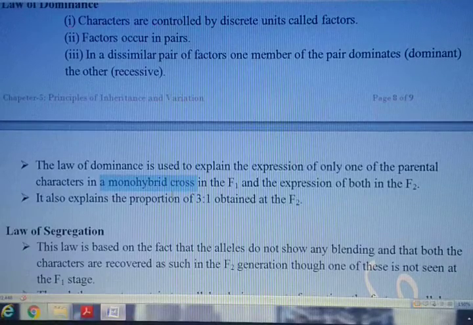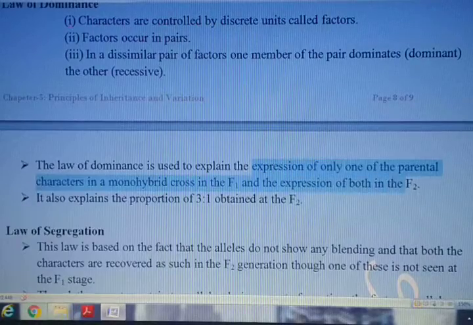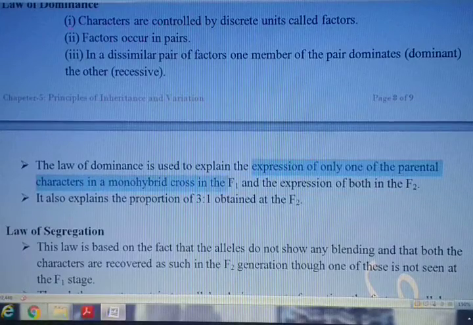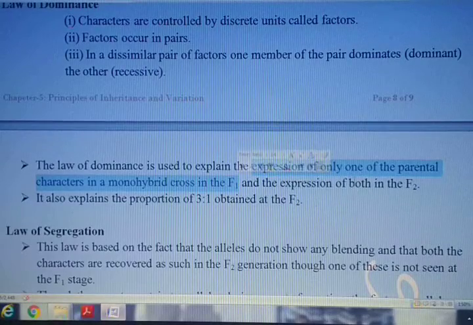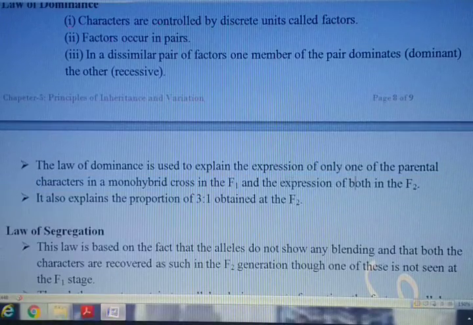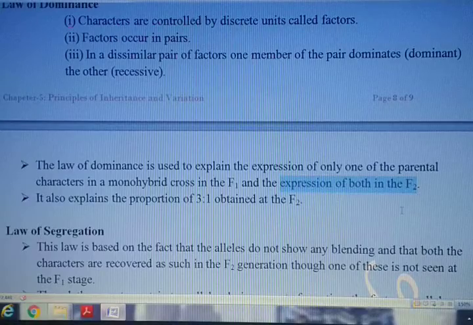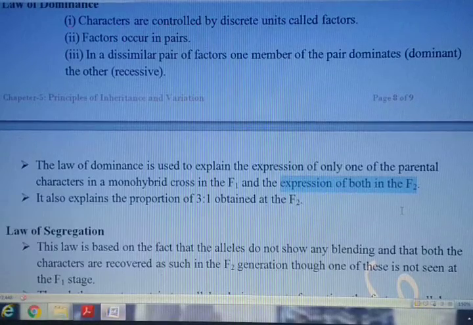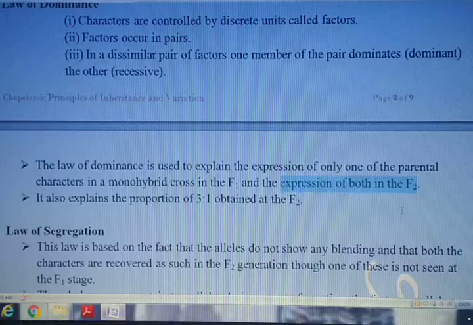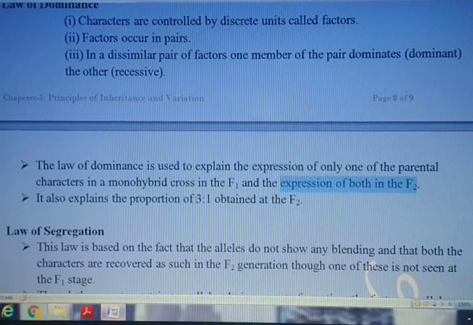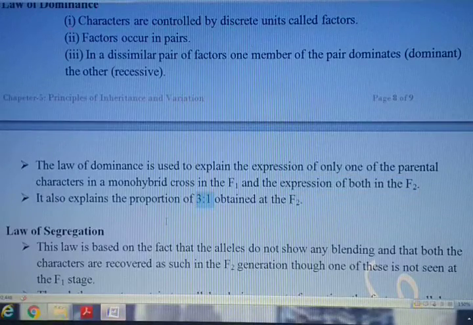Means only one of the parental characters is expressed here. Expression of only one parental character in F1 generation. And both the parental characters are expressed in F2 generation, because over there two combinations are coming. Tall plants are formed and dwarf plants are also formed there. And the ratio of the second generation is 3:1, because 3 are tall and 1 is dwarf.